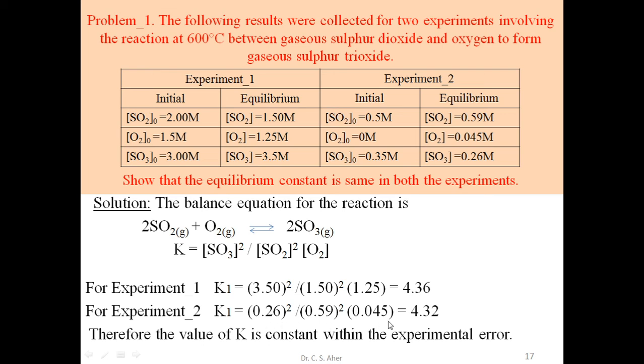After using a calculator, we get the value 4.32. See, what is our question? Show that the equilibrium constant is the same in both experiments. So these values are nearly matching, not the same but nearly matching. This difference of 0.04 is the experimental error.